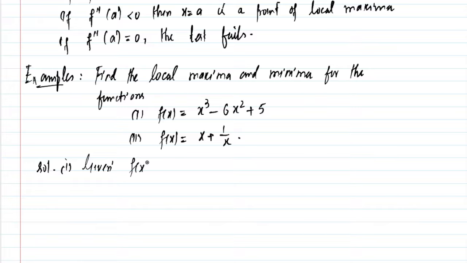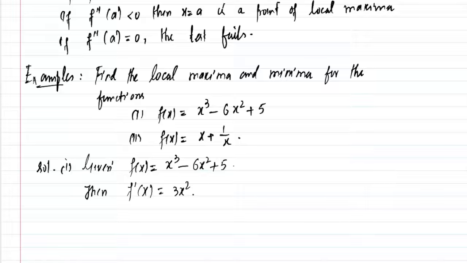f of x is equal to x cubed minus 6x squared plus 5. Then first of all we evaluate f dash of x. So f dash of x is equal to 3x squared minus 12x. Now put f dash of x equal to 0.